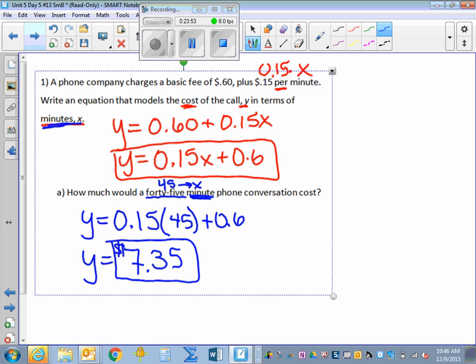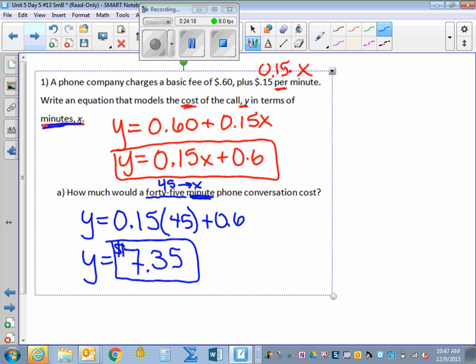Questions on that first one? Alright, so this is just like we have done in previous classes. Now let's take a look at number 2, where we have 2 different rates. Why do you always have to switch?